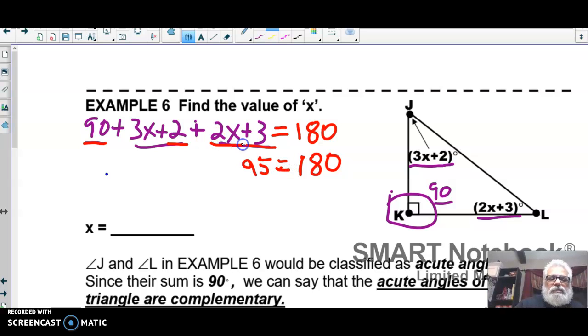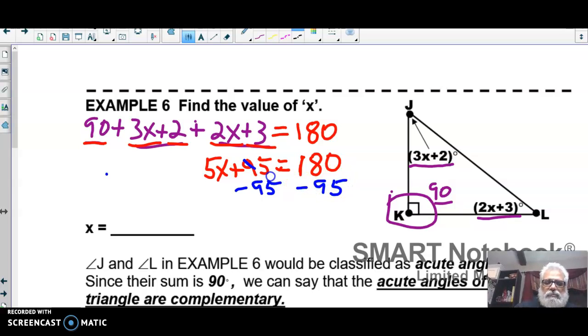I'm going to combine my x's. 2x plus 3x is 5x. Now from here, I'm going to go ahead and subtract my 95 from both sides. And 95 from 180, that's 85.